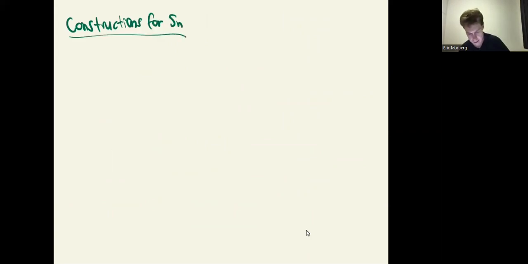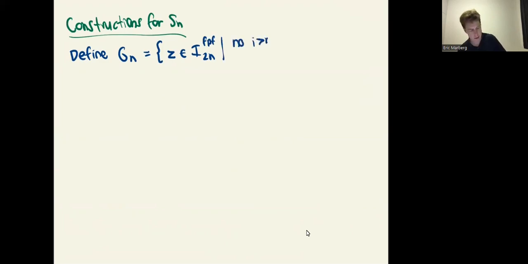So define Gn, capital Gn, to be the set of fixed point free involutions in S2n with the property that no I greater than n has z of I plus 1 less than the minimum of I or z of I. Okay, so this is just kind of a clever way of referring to the following elements of S2n.